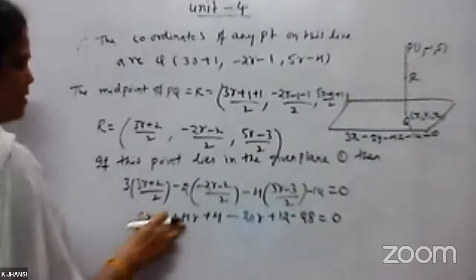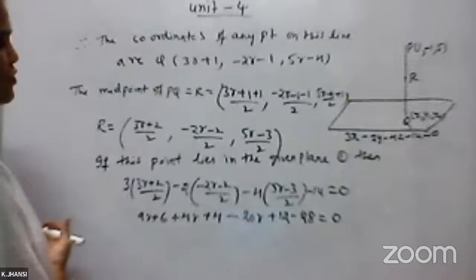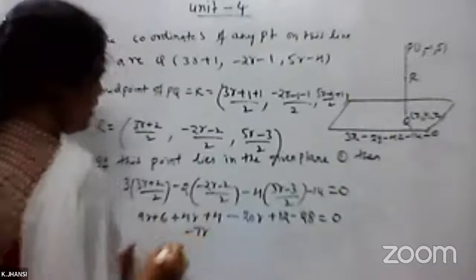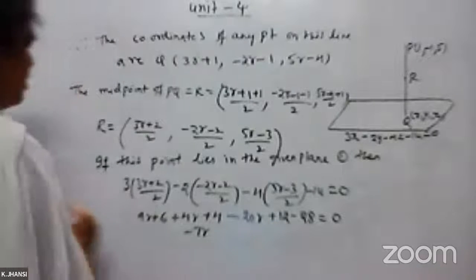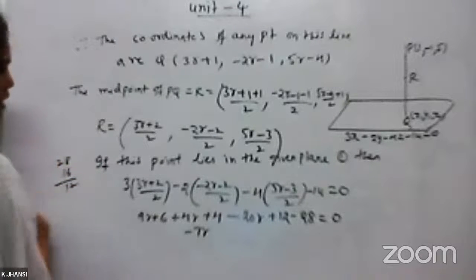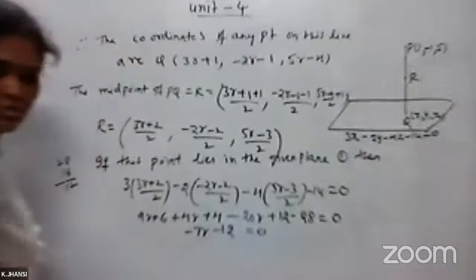Okay, 9R plus 4R means 13R, 13R minus 20R you will get minus 7R, and next 4 16, 28, we have 12, so minus 12 equals 0.